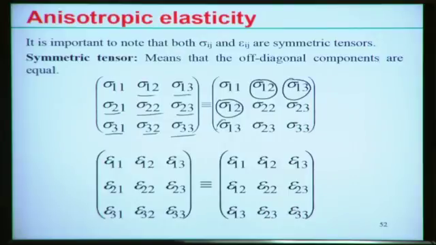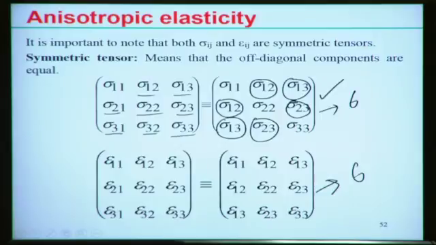So sigma 12 equals sigma 21. Similarly, sigma 23 equals sigma 32. Like that, we can represent the symmetric tensor, but here it is having 6 components. And in the case of strain also, we can represent it in a similar way; here also it is having 6 components.